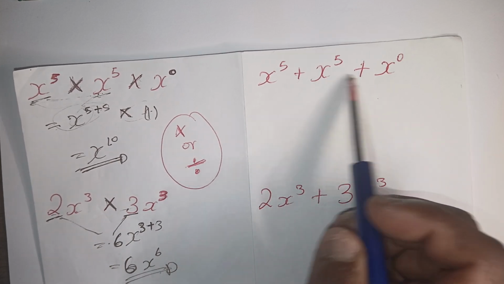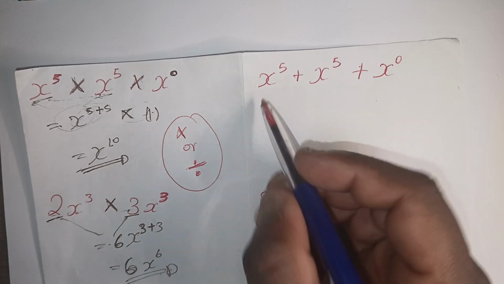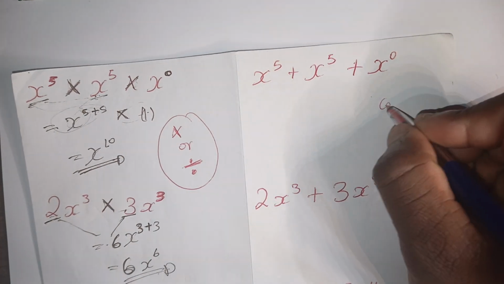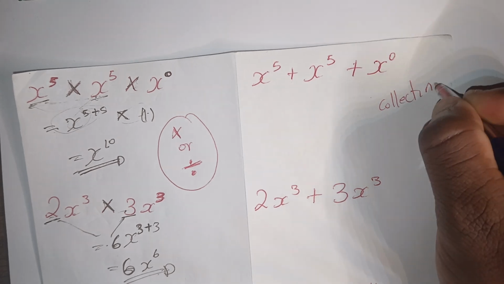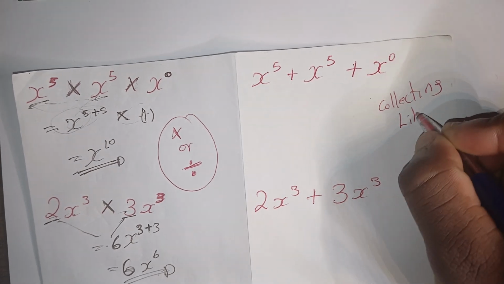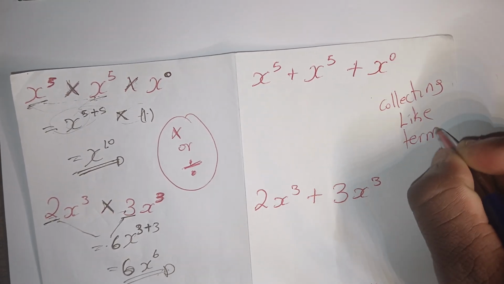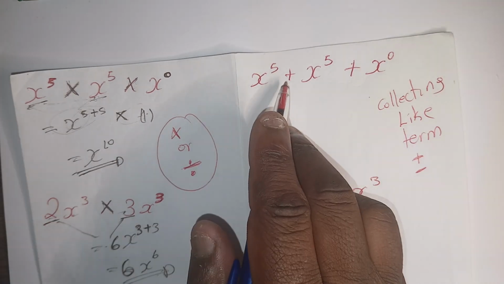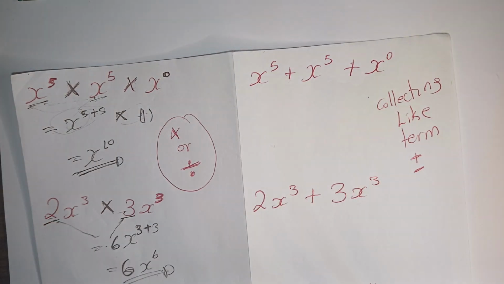So now if there is plus between these terms, you should know that here we are collecting like terms. If there is plus or minus, we collect like terms.